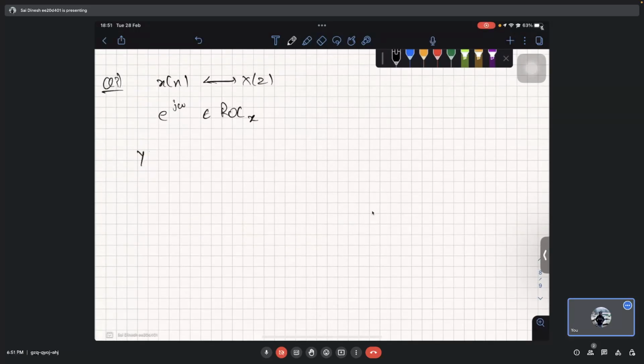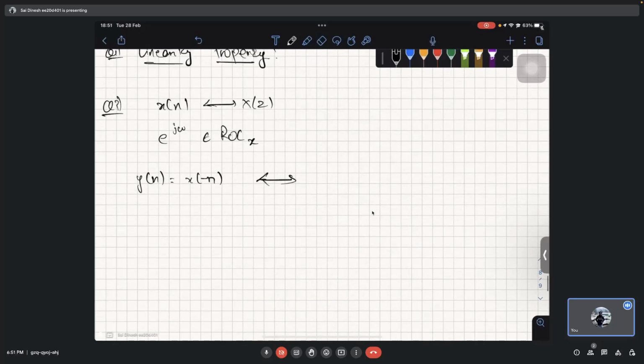Now y of n is equal to x of minus n. According to Z transform properties, this is a Z transform pair with x of 1 by z. So if e power j omega belongs to the ROC of x, and then this is y of z, does this contain e power j omega?